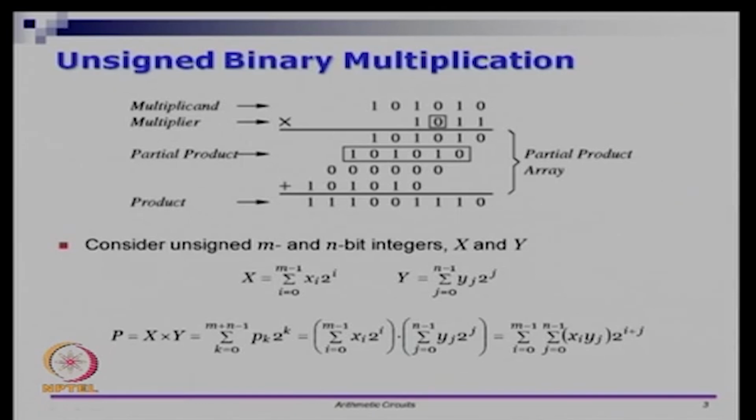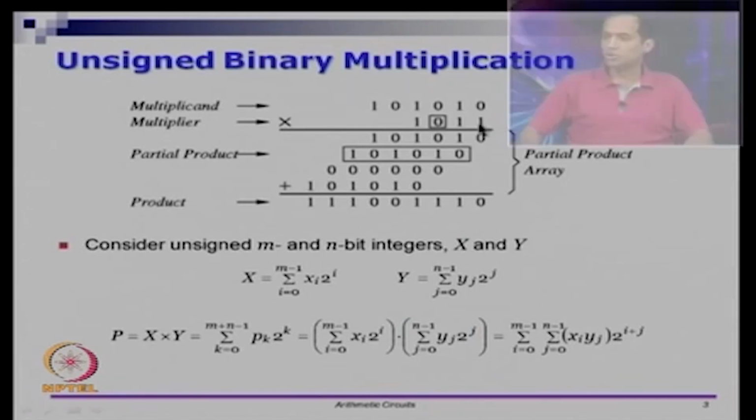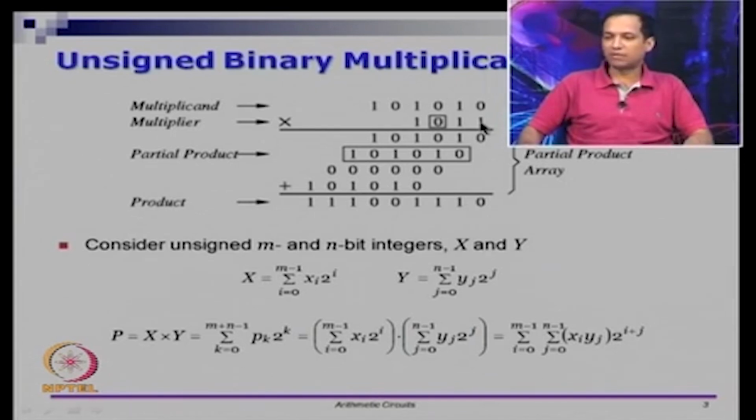If you want to do grade school multiplication, that is how you do it in your second standard or third standard. If you are given two numbers, you will take the last digit of the multiplier, multiply with all the digits of the multiplicand, and write it down. Then you will take the second bit, multiply with all the digits, write it down, but shift it by one position.